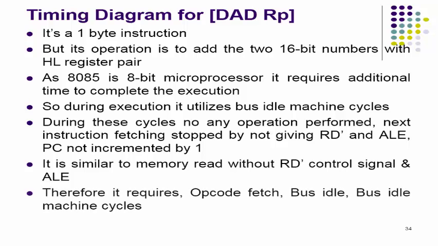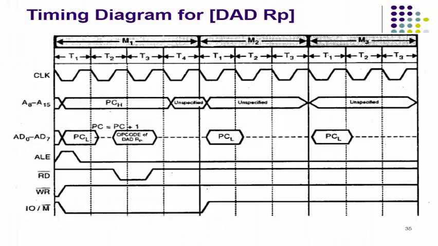This machine cycle is similar to the memory read machine cycle without the read bar control signal and ALE signal. Therefore it requires 3 machine cycles: the opcode fetch machine cycle, a bus idle machine cycle, and one more bus idle machine cycle. So this is the full timing diagram for the DAD RP instruction.